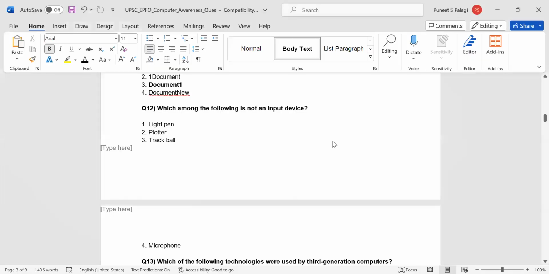So the next question: which of the following is not an input device? Light pen, plotter, trackball, microphone. So read the question and the options.